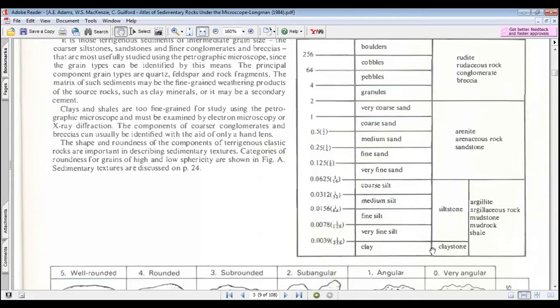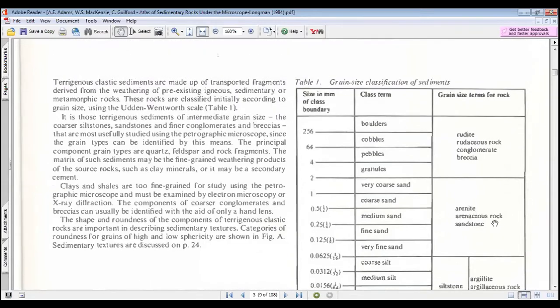And then there are some rock types associated. Clay-dominated rock type will be claystone, silt-dominated will be siltstone, and then come the other synonyms for these rock types: argillite, some people call it mudrock, shale, mudstone, argillaceous rock.